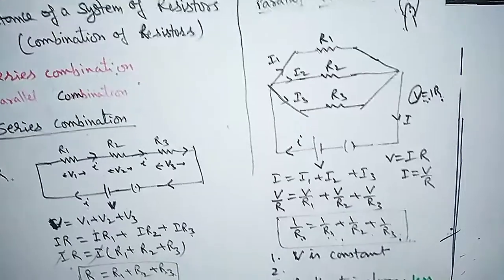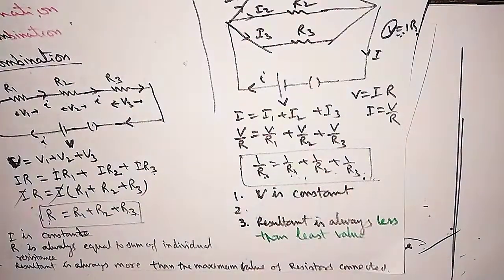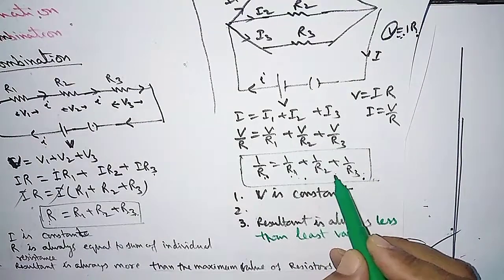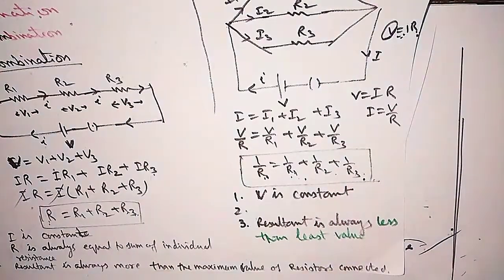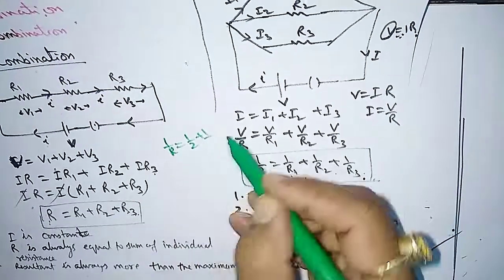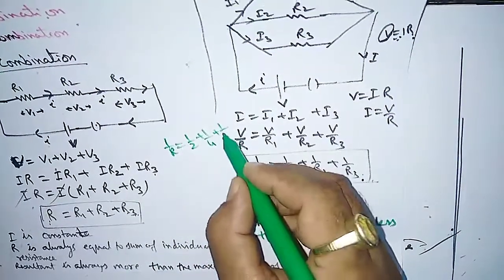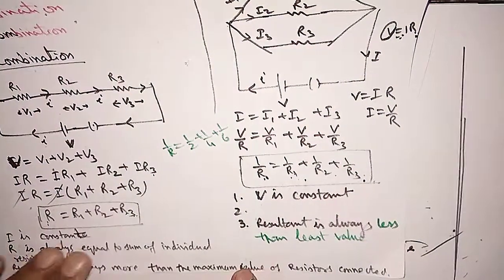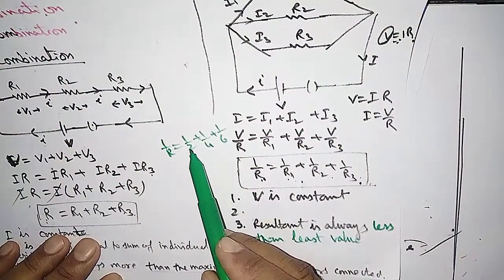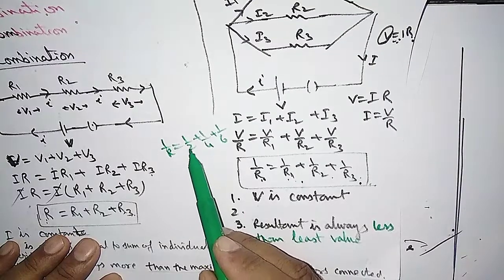See the example. Suppose 2, 4 and 6 are connected in parallel. So see what is the R. 1 upon R is equal to 1 upon 2 plus 1 upon 4 plus 1 upon 6. Suppose these three resistors are connected. And you will find the resultant will be less than the value of 2, less than the least value.